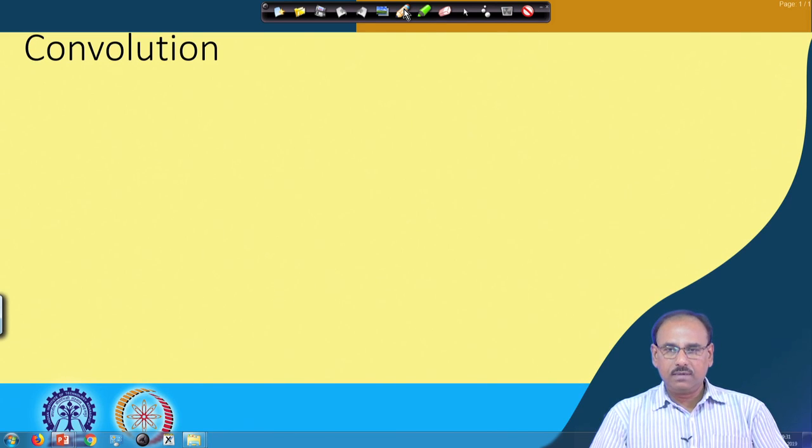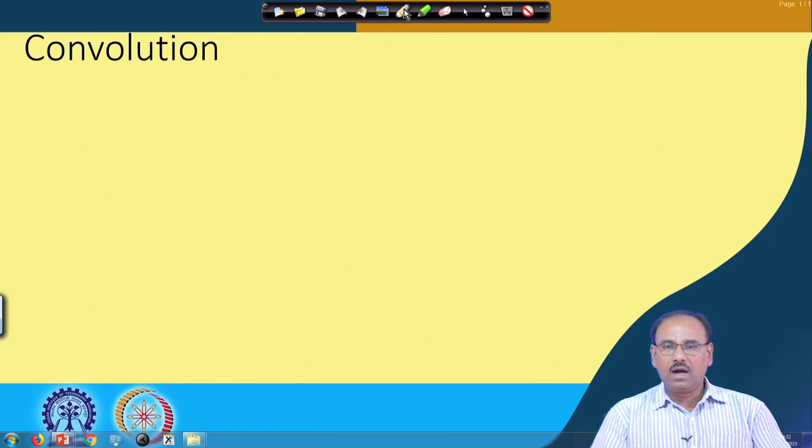If a linear time invariant system is characterized by its impulse response, then given an input signal x, the output or response of that LTI system is the convolution of the input signal x with its impulse response h.